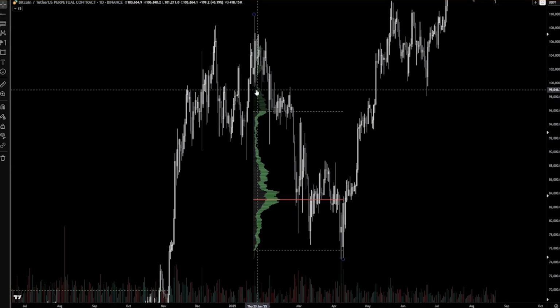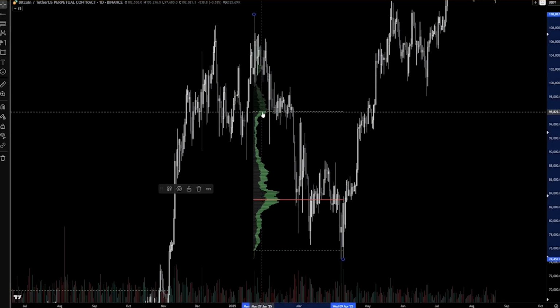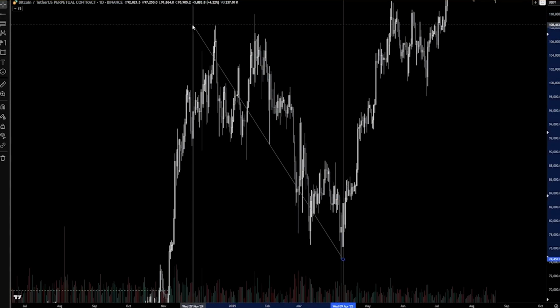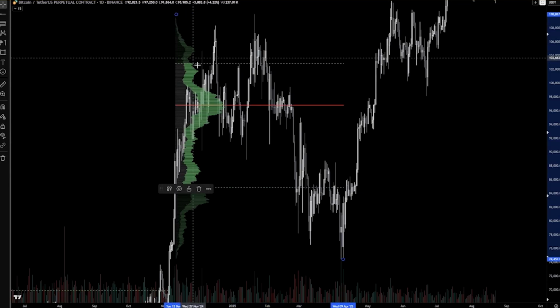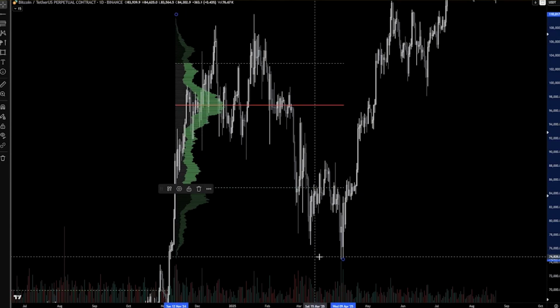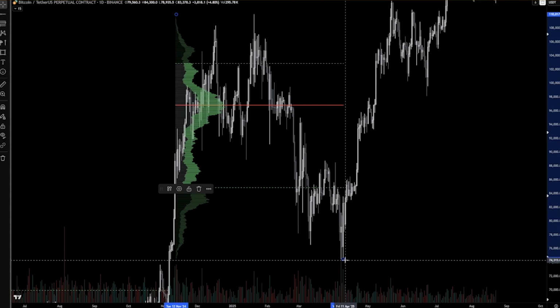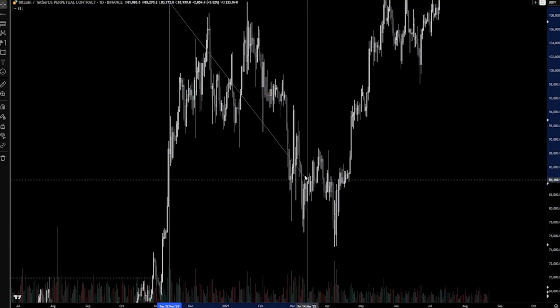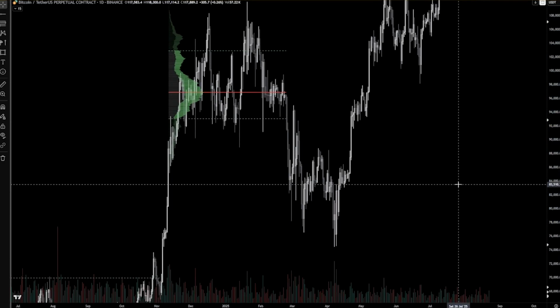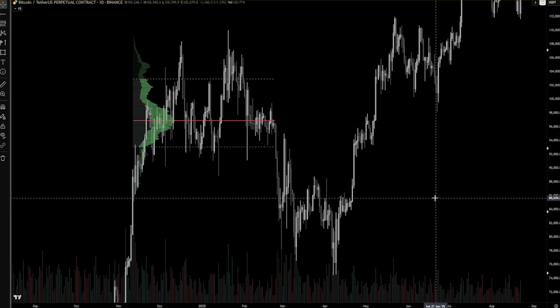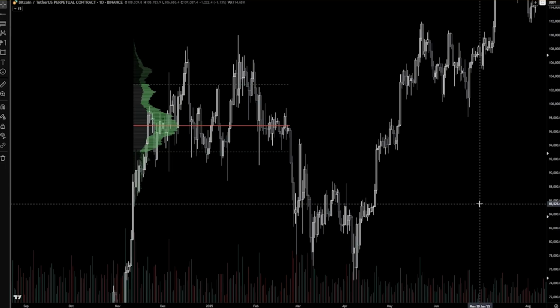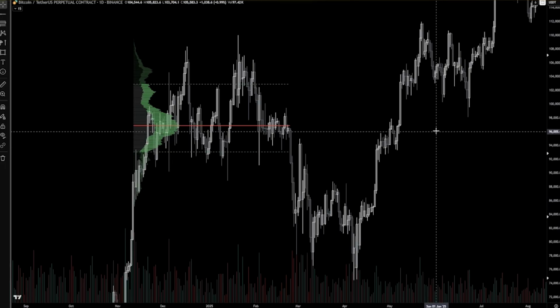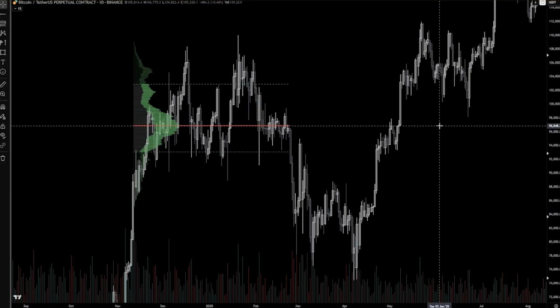So this range had a nice consolidation. We're gonna do the same thing that we did before. So we arrived. And up to that point in time, there's your point of control, 96.8.